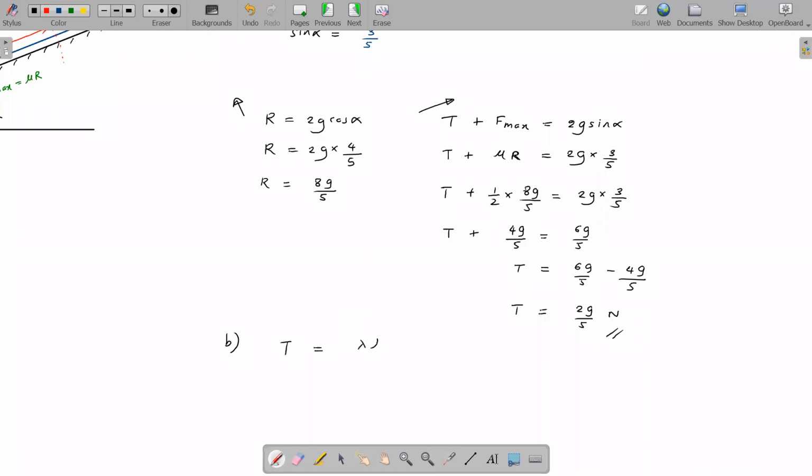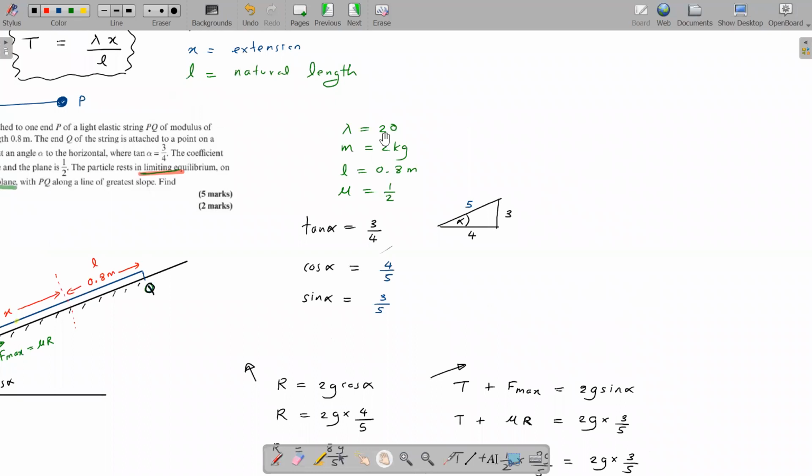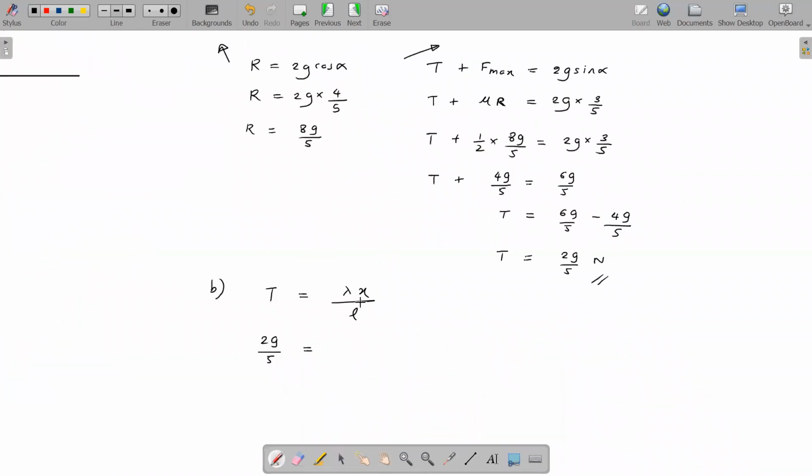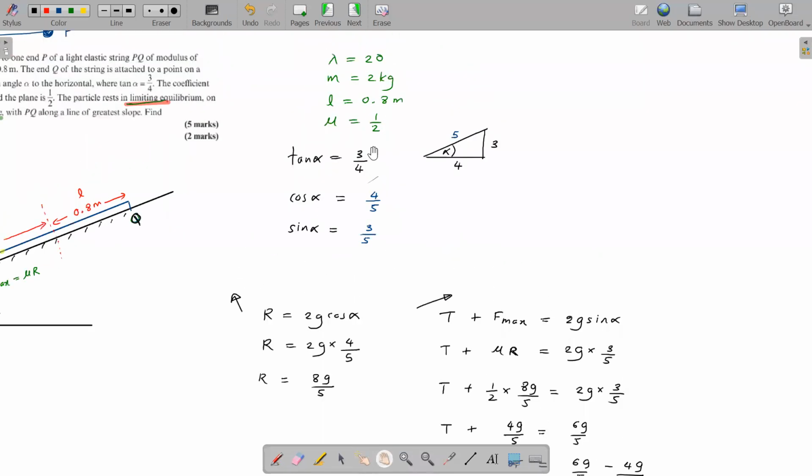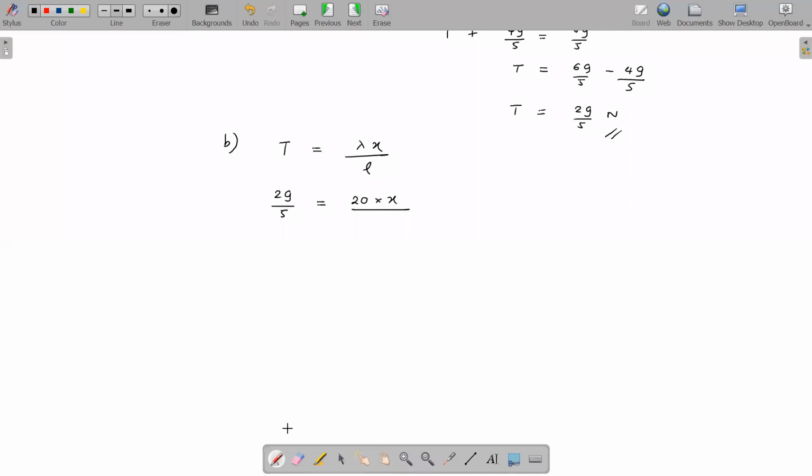Tension equals lambda x over L. Tension is 2g/5. Lambda was given to us in the question. Lambda is 20. Extension is unknown. Natural length is 0.8. Make x the subject. 2g into 0.8 over 5 times 20 equals x.